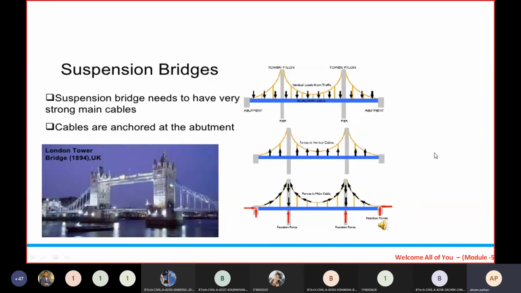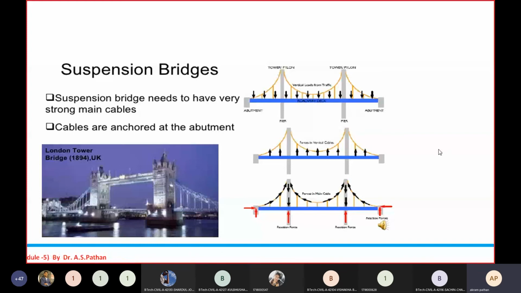Then we have another important bridge, the suspension bridge. We have the tower here. The tower is made of steel as a superstructure, and below that we have the piers. Then on both sides we have the abutment, the roadway deck, the vertical load from the traffic, and the vertical cables.